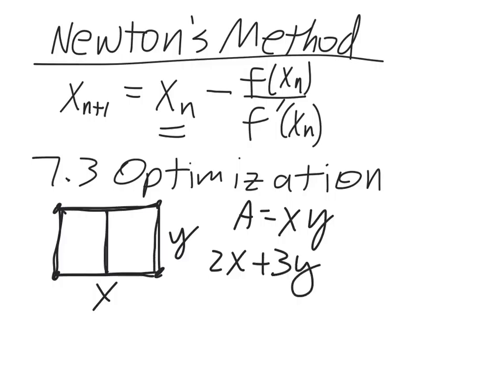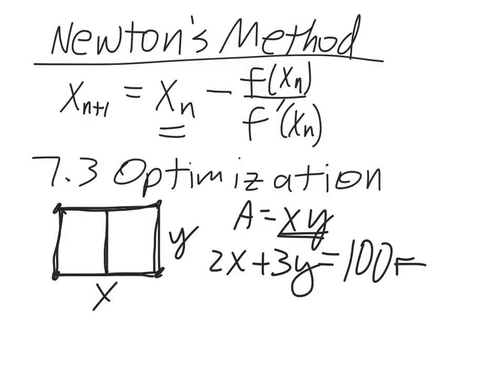We'd have to use the fence for 3 lengths of y in this situation. And again, whatever amount of fence, 100 feet, 250 feet, whatever that is. Well, that allows us to solve this equation for one of the variables, substitute it into the original, and that creates a function of one variable.